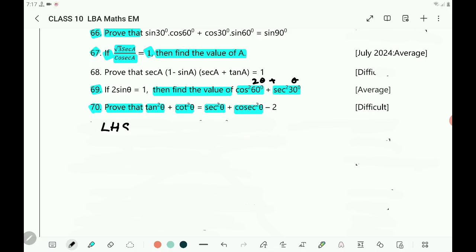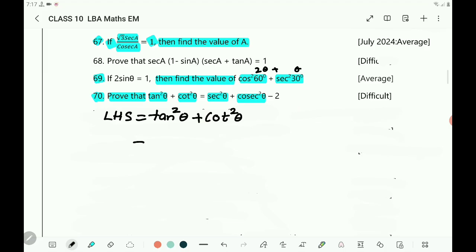LHS equals tan square theta plus cot square theta. Here in the RHS you observe secant square theta is there, cosec square theta is there. So you can use the identity that 1 plus tan square theta is equal to secant square theta.